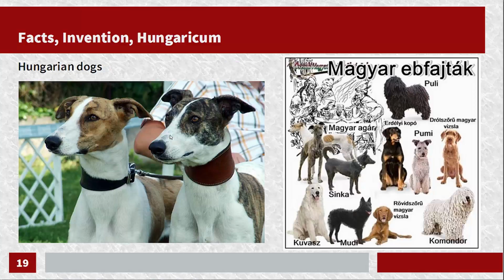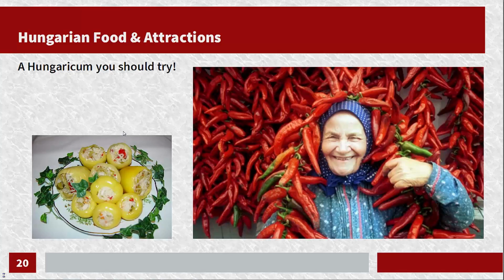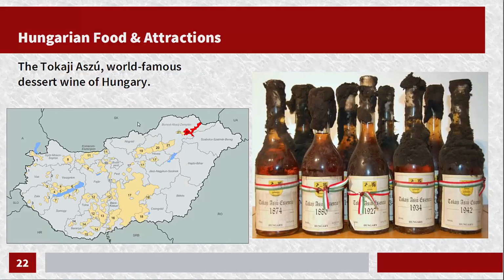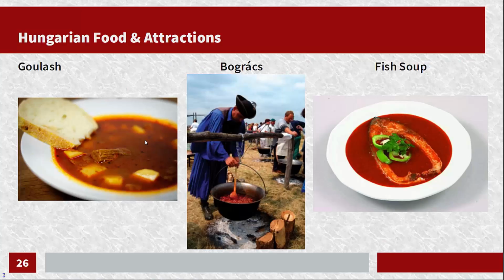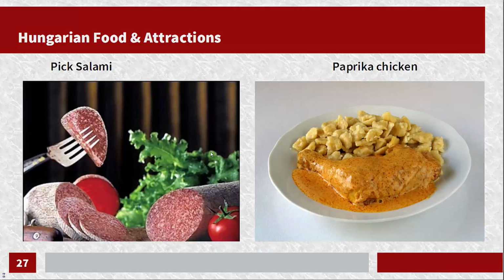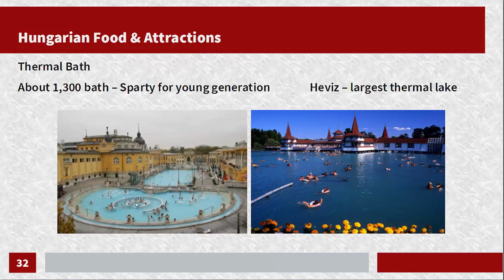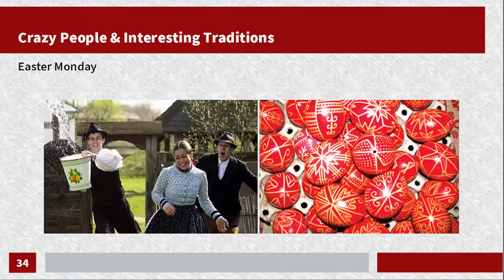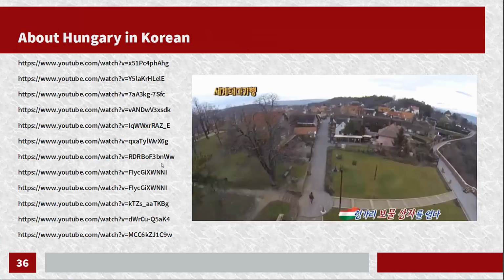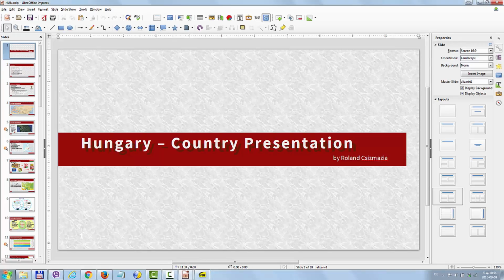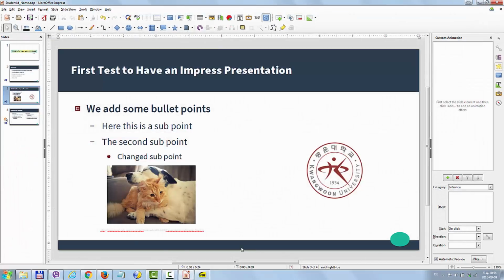And if you like dogs, you can see a lot of Hungarian style dogs, and these are the Hungarian style food, and animation and animation and more information, etc. So this is what you can create with Impress, and I hope that you can, of course, impress people with Impress in the future.